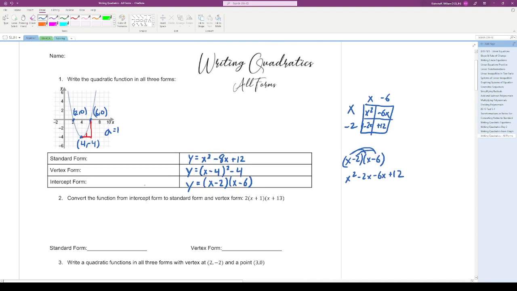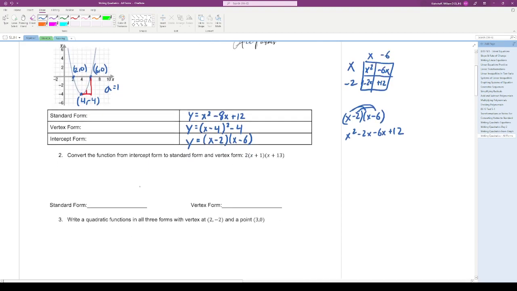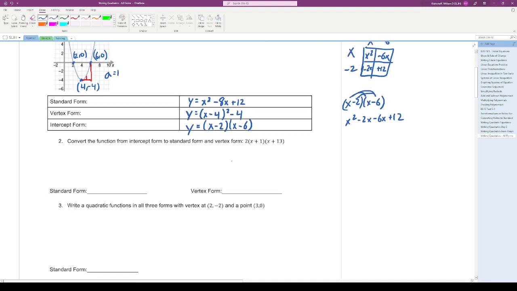Okay, so convert the function from intercept to standard and vertex. Great, so we have an intercept form. We have an a value of 2, and our zeros are at -1 and -13. So standard form is really easy. We just distribute. The key thing to remember here is that this 2 does not distribute to every other thing. What you should do is combine the two binomials first and then distribute the 2.